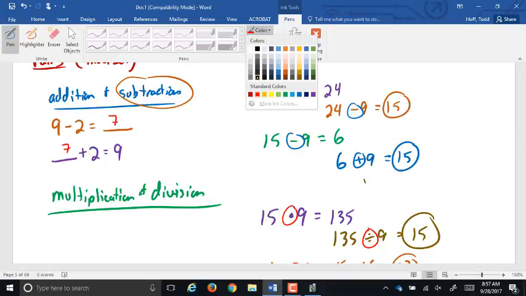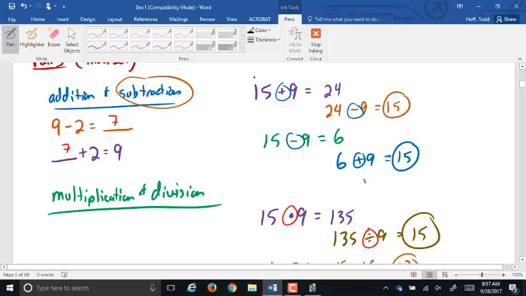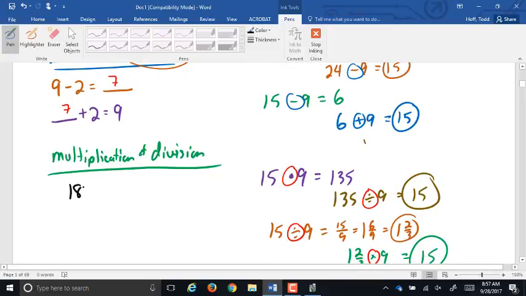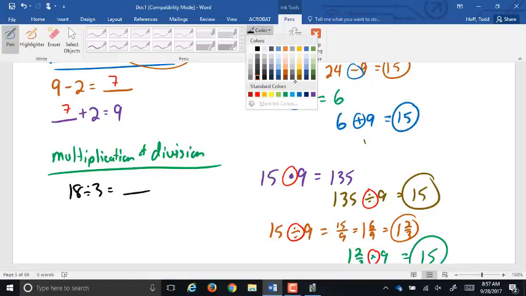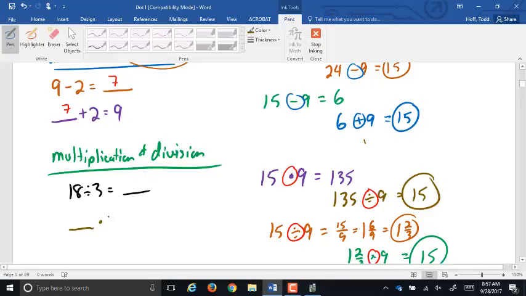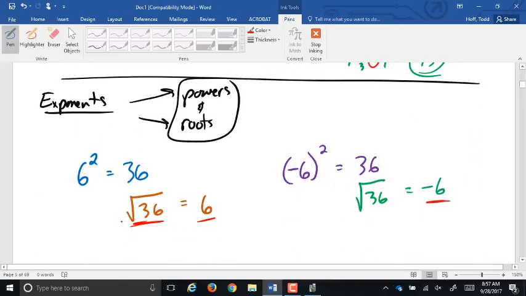The same was true of multiplication and division. If I have 18 divided by 3, what that's really asking is what number times 3 equals 18? And of course, that's going to be 6. Well, the same thing is going on down here with our powers and roots.